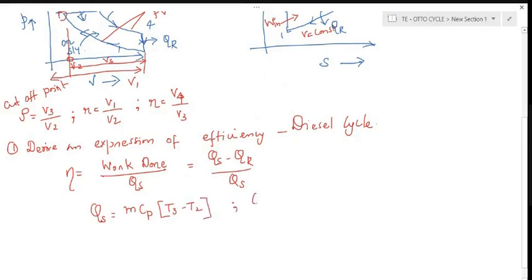Heat rejection takes place at constant volume, so the temperature difference is T4 minus T1, the process between 4 and 1.